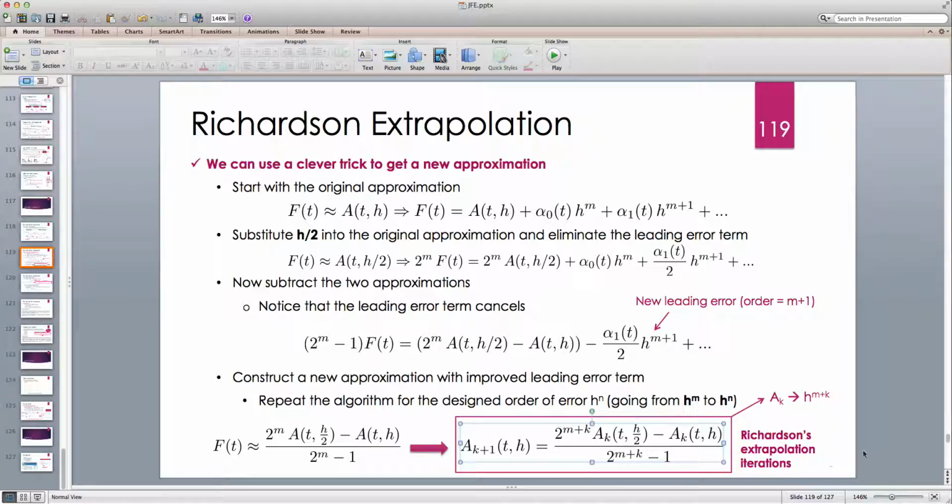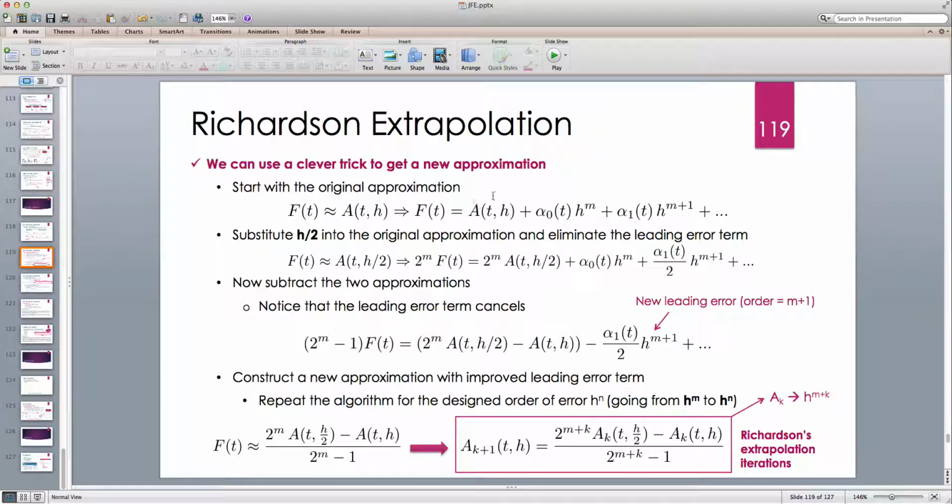And we get this thing, and this one helps us after basically n approximations, the order of error goes from h to the m to h to the m plus 1, m plus n. So we increase the order of magnitude by this kind of recursion. And what it takes is that we just divide h by a factor of 2 in each recursion.